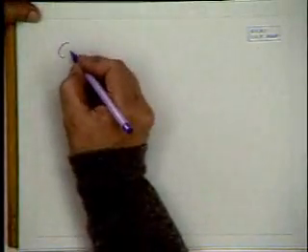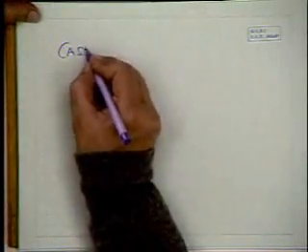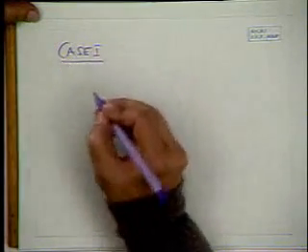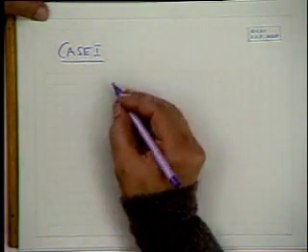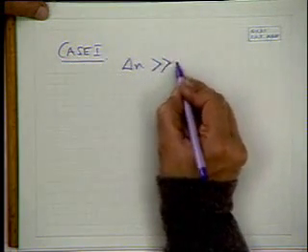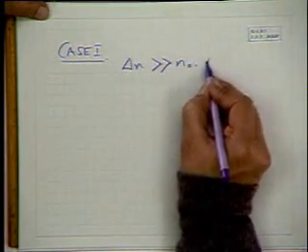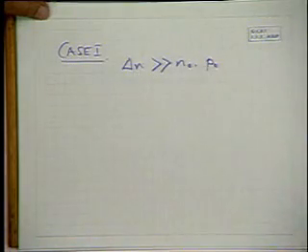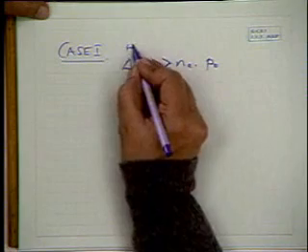So we can have one case in which delta N is much greater than N0 and P0, which is the case of high injection.